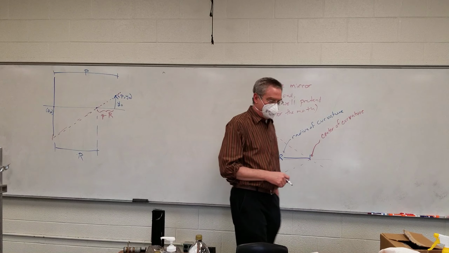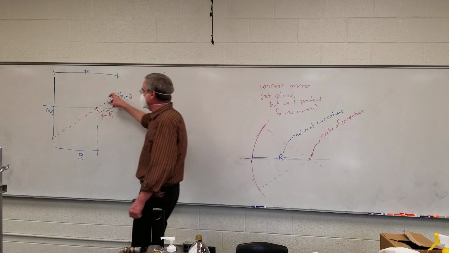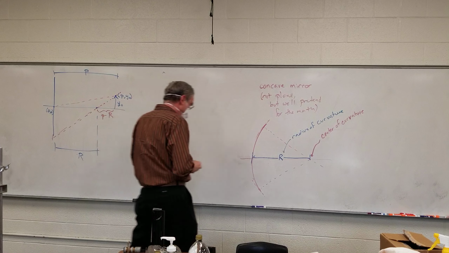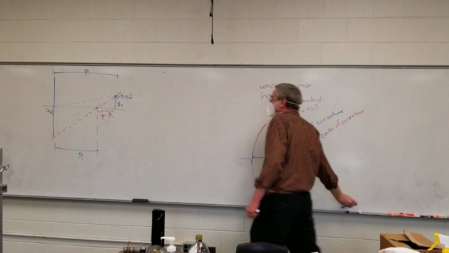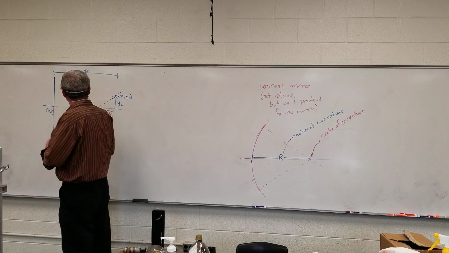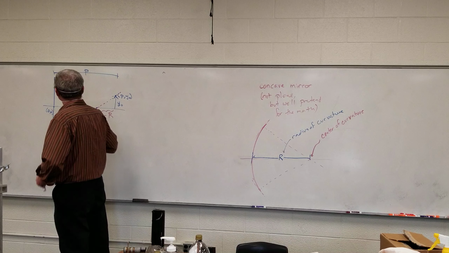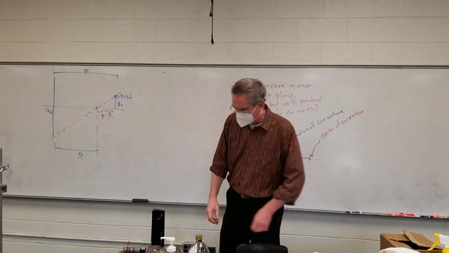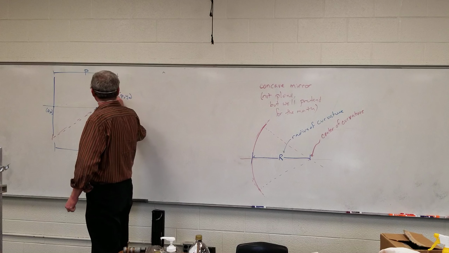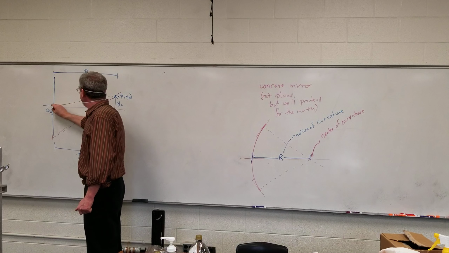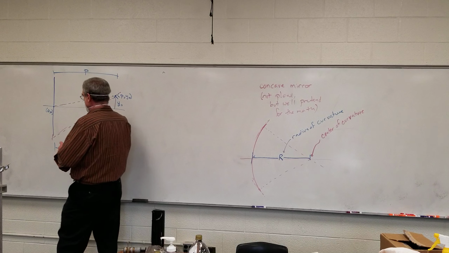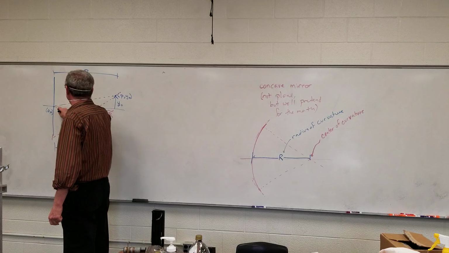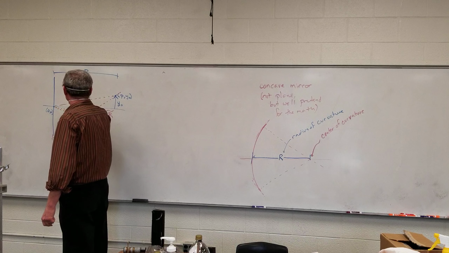Another ray of light that's being emitted is going to hit smack dead into the center here. When it hits the middle of the mirror, that's the point where the tangent line is flat, and so it should just bounce back at the same angle.